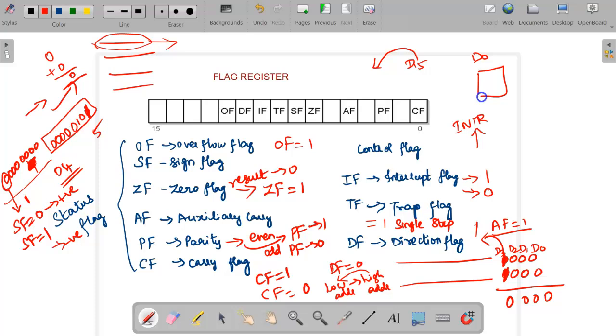If you have a string A, B, C, D, where this is address 2000, this is 2001, this is 2002, and this is 2003.